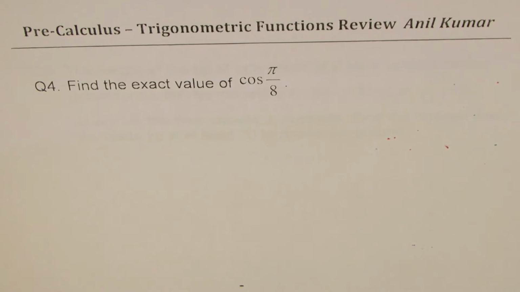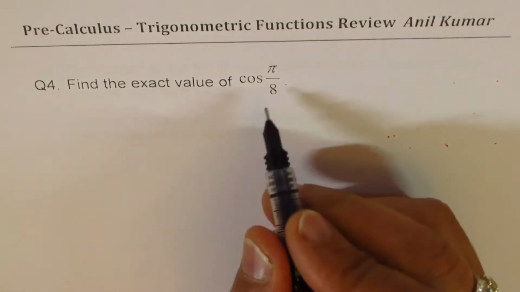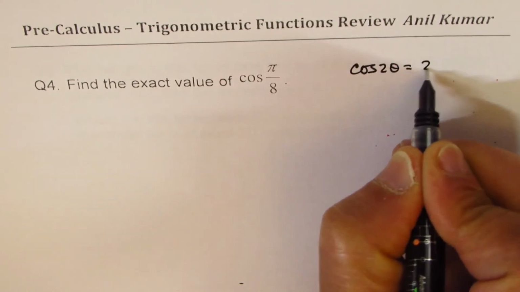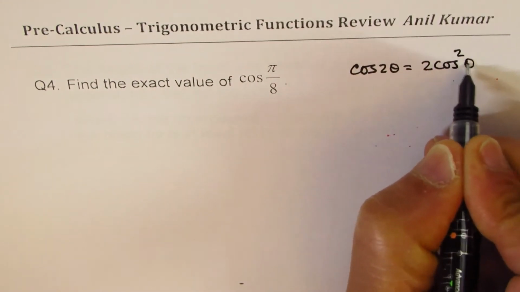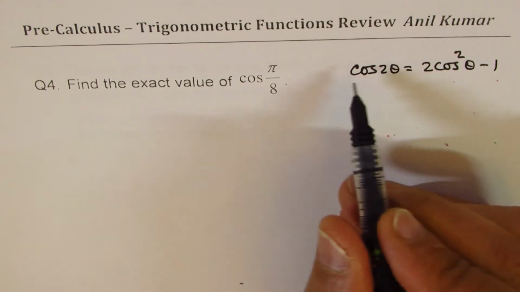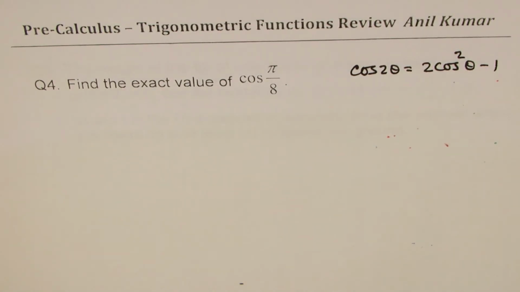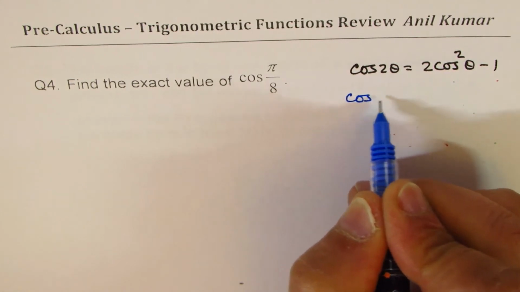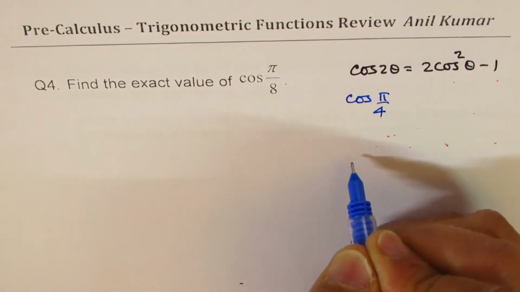Find the exact value of cos pi by 8. So let's use the formula of cos 2 theta, which is 2 cos square theta minus 1. So whenever you get kind of a half angle, this is a good formula to use. Now how can we apply this formula? Let's try to understand it. We know what cos pi by 4 is. This is what we know.